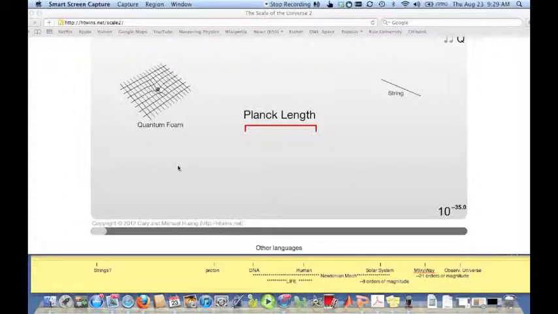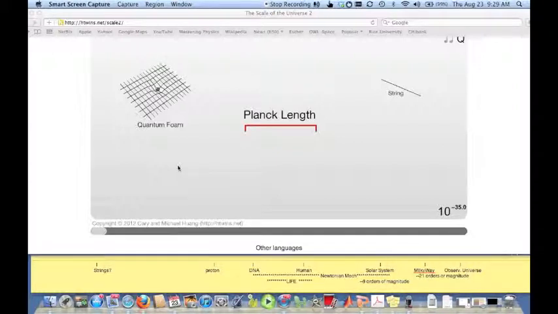At the left side of this, the smallest scales, physicists talk about strings. This is some prediction of string theory. We don't know if string theory is correct or not. But if it is, then there are these little strings that live in actually 10 dimensions, and most of the dimensions are very tiny. Anyway, the way they vibrate, they give rise to the different elementary particles that we know of.